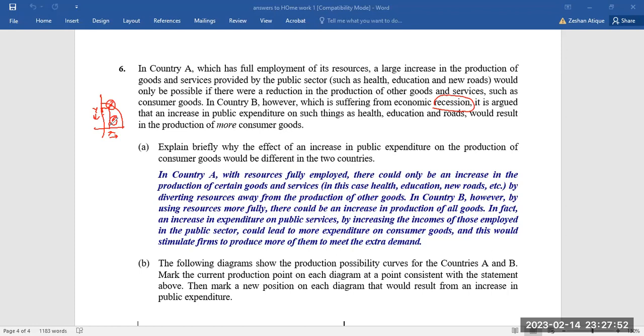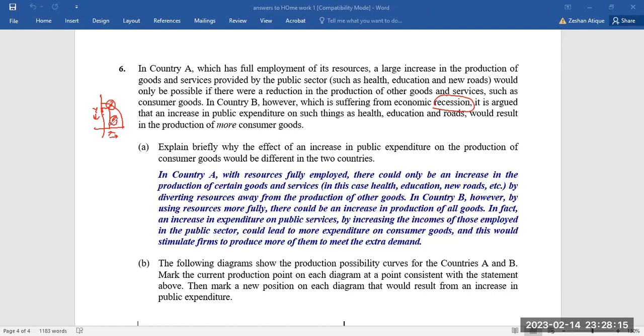Now, in part A, you have to explain briefly why the effect of an increase in public expenditure on the production of consumer goods would be different in the 2 countries. The answer is quite obvious. In country A, with resources fully employed, there could only be an increase in the production of certain goods and services by diverting resources away from the production of other goods.